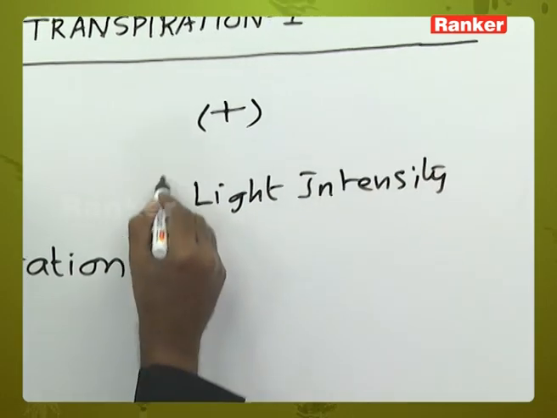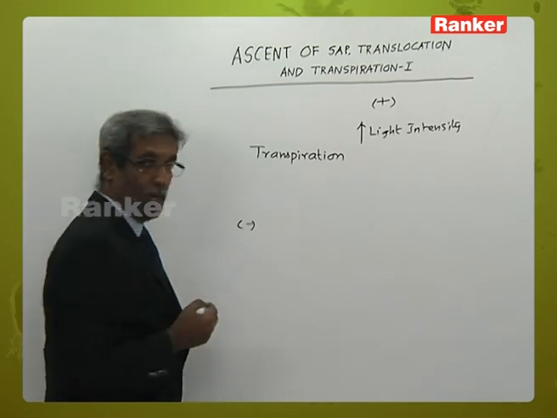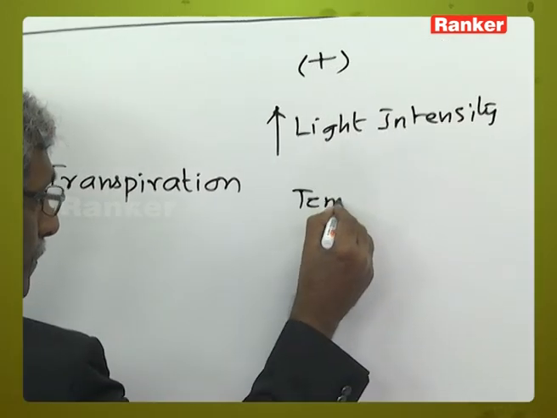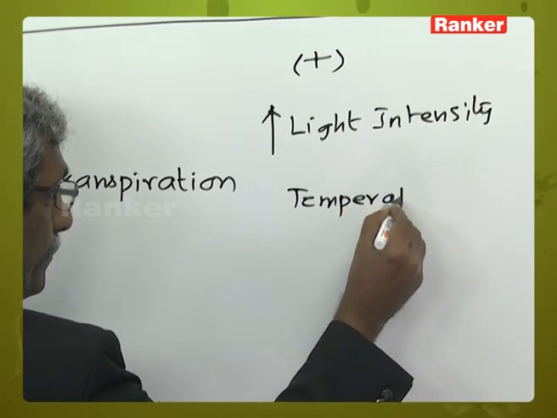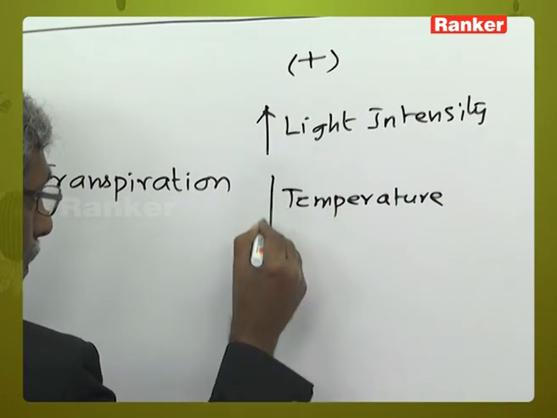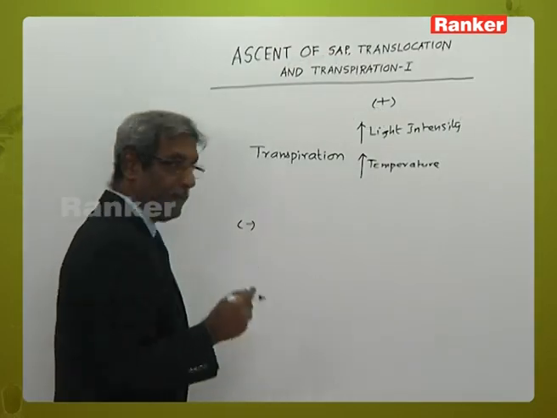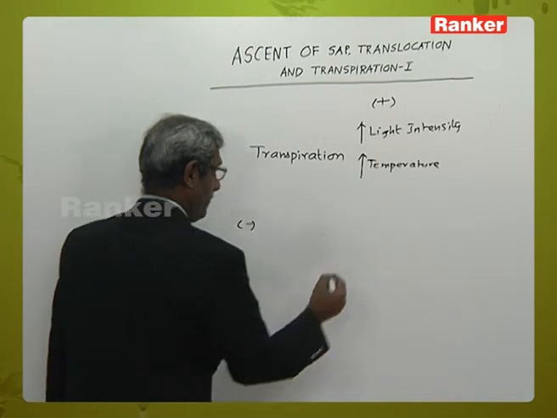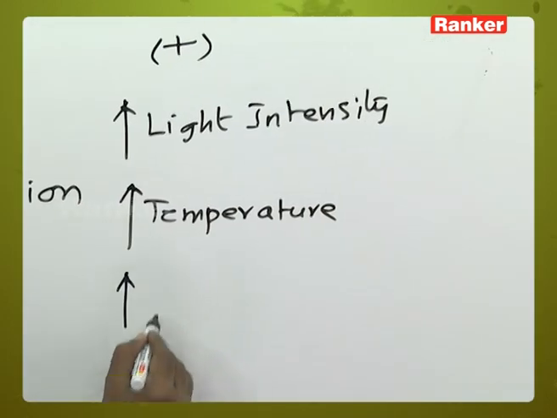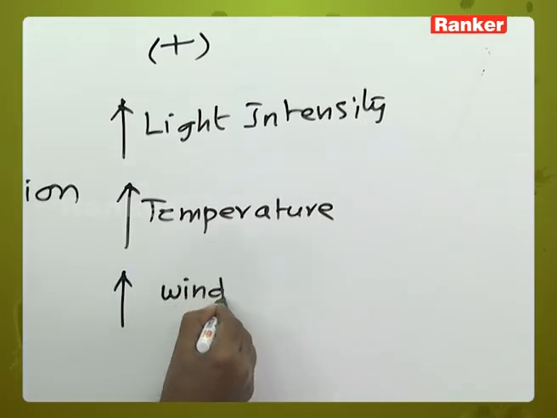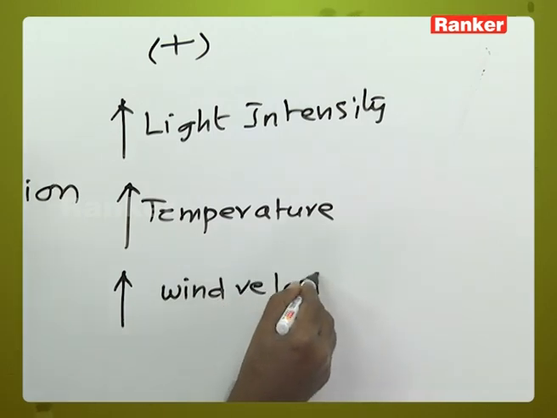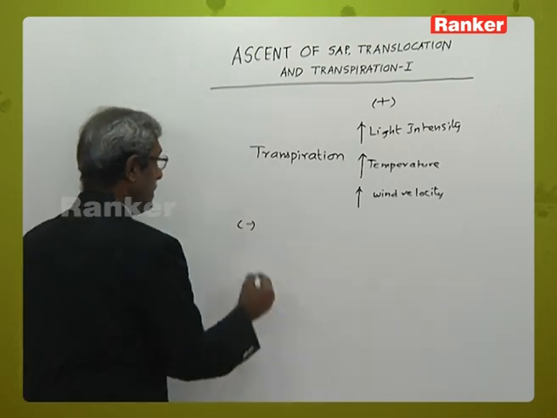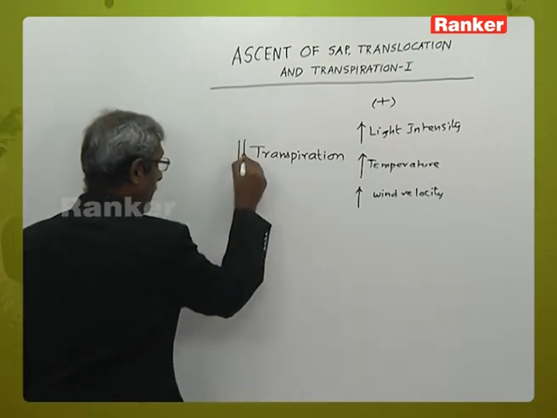The higher the light intensity, the higher the rate of transpiration. Same is the case with temperature. The higher the temperature, the more the water loss. And similarly, in case plants are subjected to high wind velocity, higher wind velocity, higher temperature and higher light intensity mean the transpiration rate goes higher.